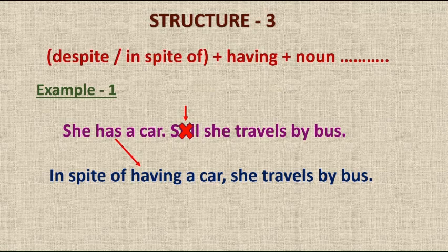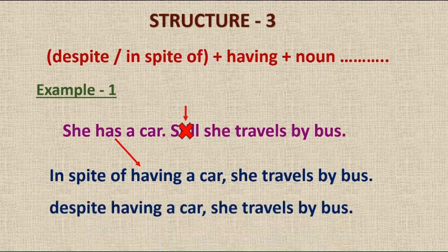The rest of the sentence we wrote as it is. Then it became: in spite of having a car, she travels by bus. This is the answer. And for writing with despite, just replace in spite of with despite, then it is done. Despite having a car, she travels by bus.